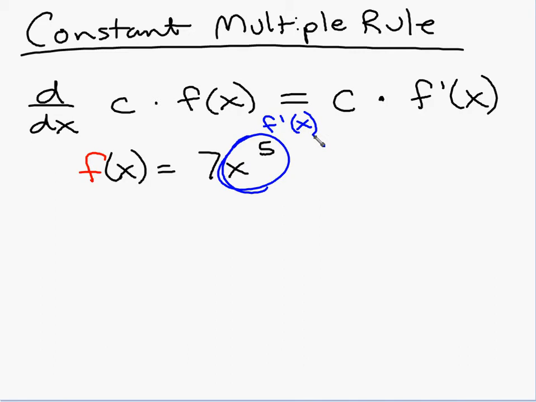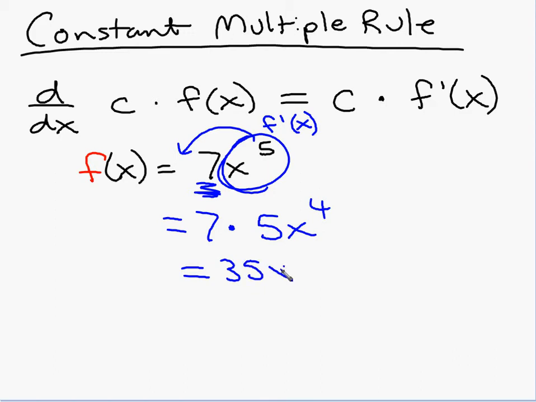So when you bring this 5 around, I know that we're going to go ahead and do 5 times 7. But you need to understand that this 7 is technically getting multiplied by 5x to the 4th. Constants just come along for the ride if there is a constant times a function. So this derivative would be 35x to the 4th.